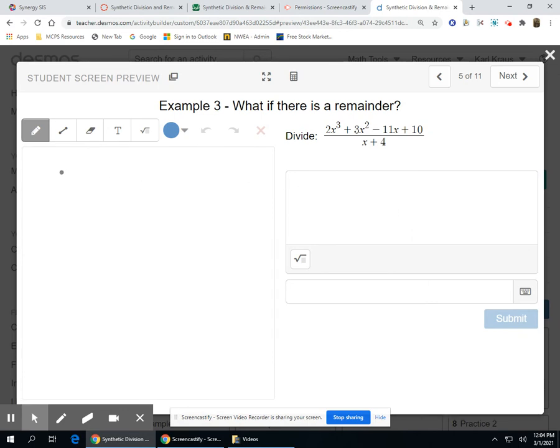So what if there's a remainder? On this slide, there's going to be 1. So -4 goes on the outside. Then the coefficients in descending order, 2, 3, -11, 10.